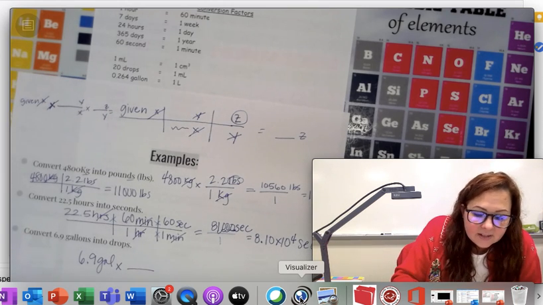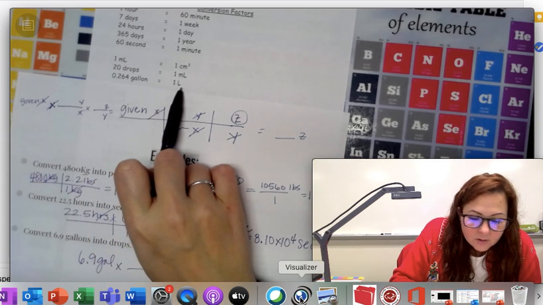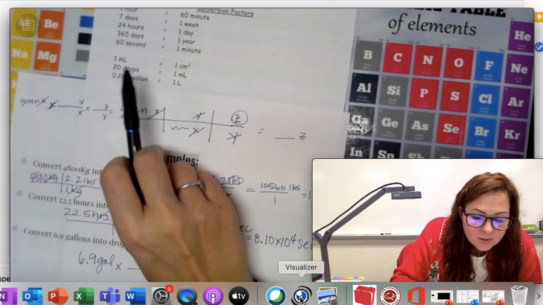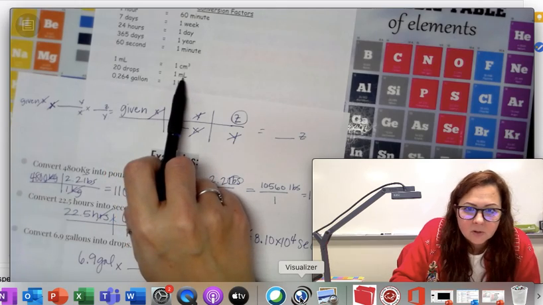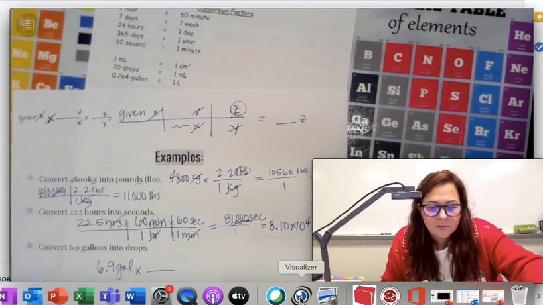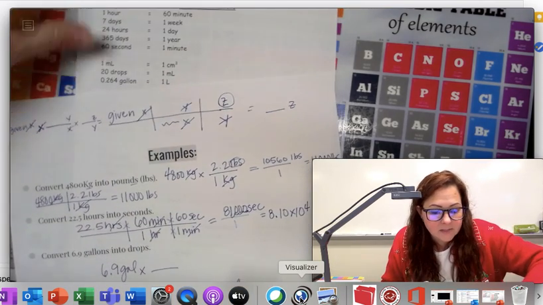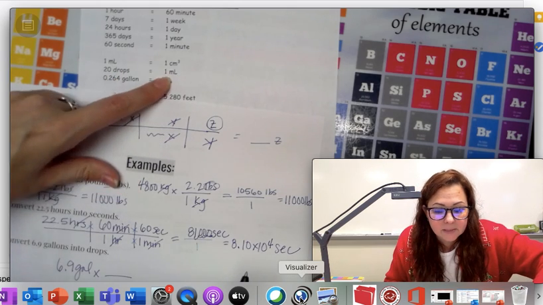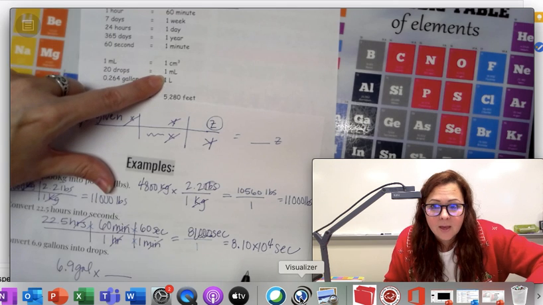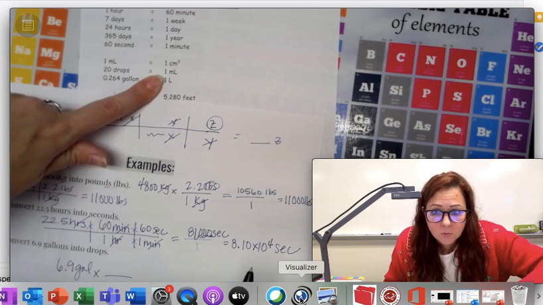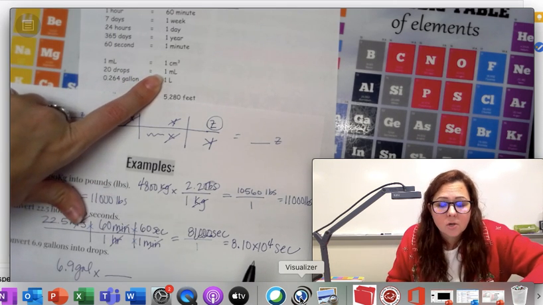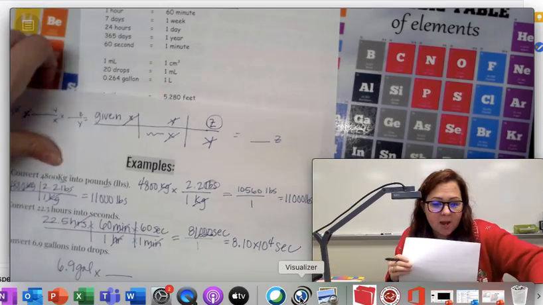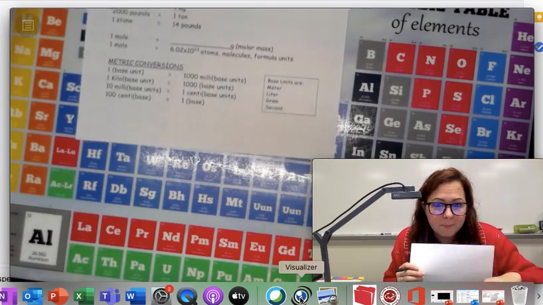So this one is gallons to liters. And the only one that says drops is right here, drops to milliliters. Well, wait a minute. That doesn't work because I have gallons to liters, but I have drops to milliliters. I need to get some way between milliliters and liters. That is a base unit. It's metric. So my metric conversions, we have to go to the bottom of my paper.